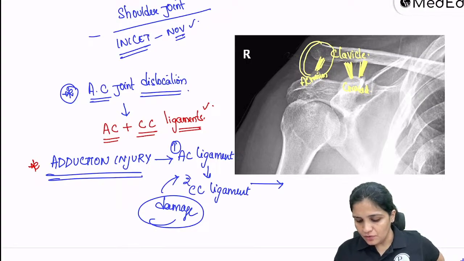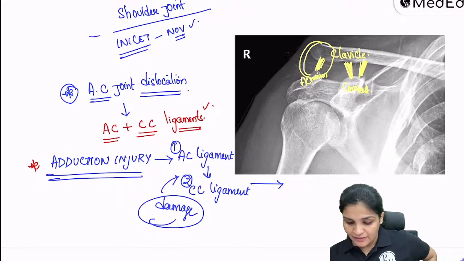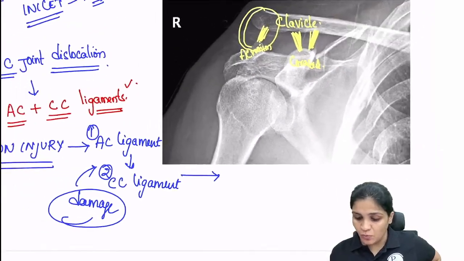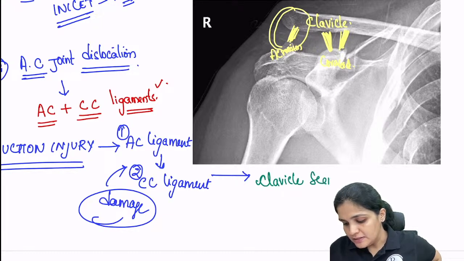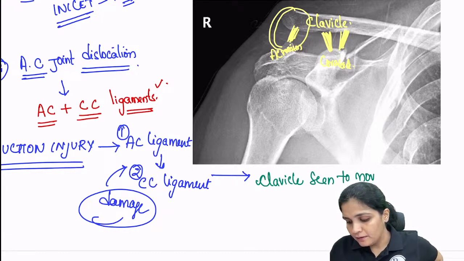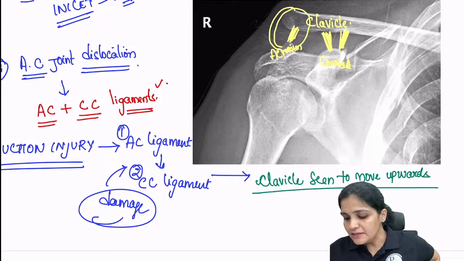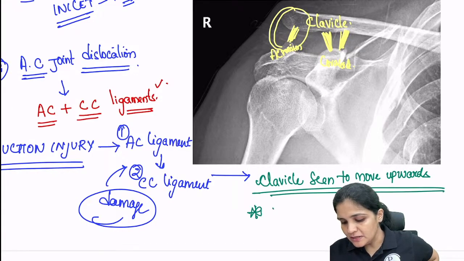First AC followed by CC, right? So whenever there is damage to these two ligaments, the clavicle seems to move upwards, right? But actually what happens?